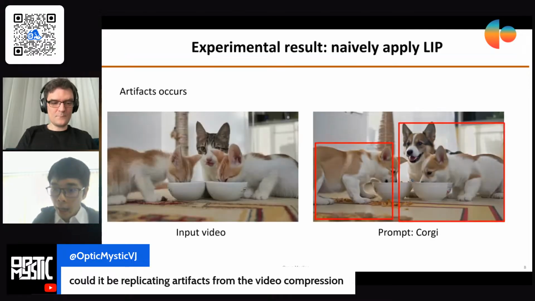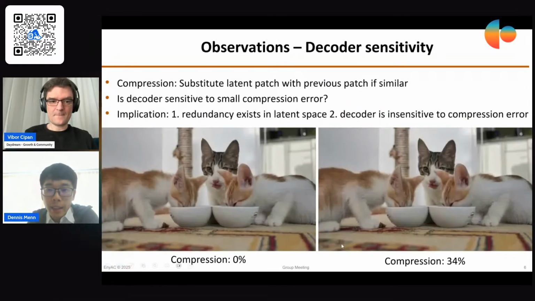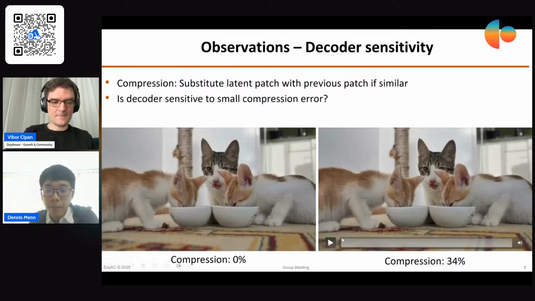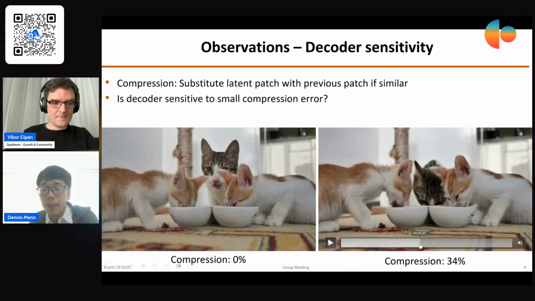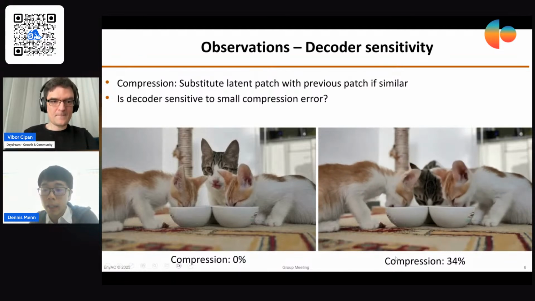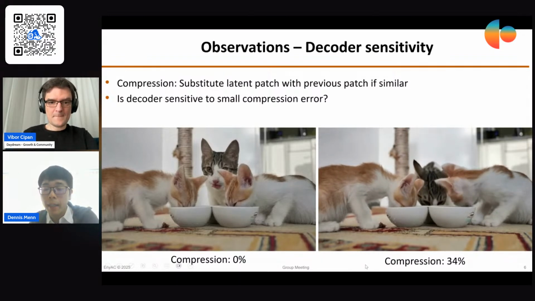But actually, I don't think so. The reason is we already tested this step. After you decompress it, there are no obvious artifacts. So likely it is caused by the DiT, the diffusion transformer.